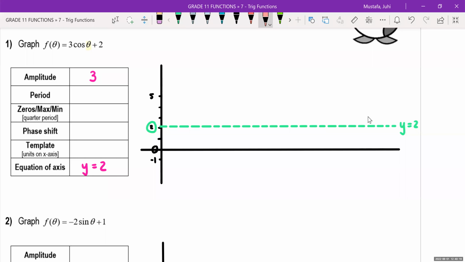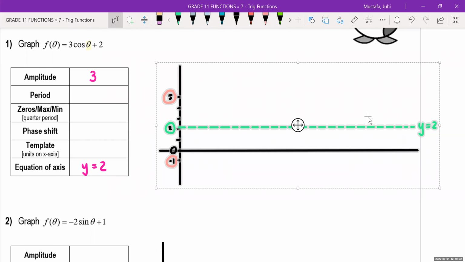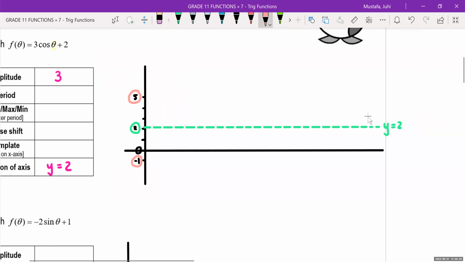Okay, I'm also going to just recognize that the 5 is my maximum value and the -1 is my minimum value. So I do like to write that on the graph because it just makes it so much easier when you're graphing. Maximum and minimum.